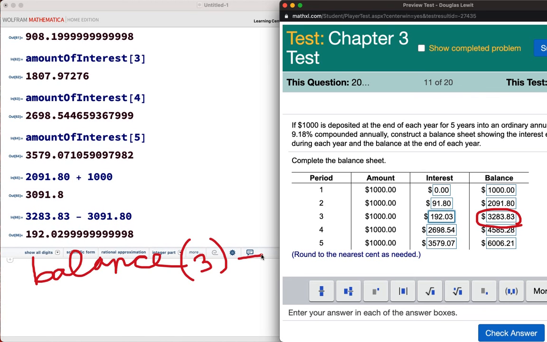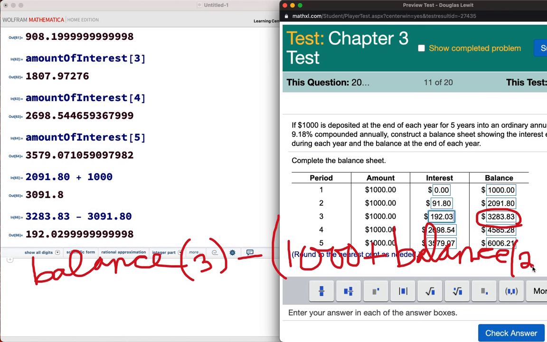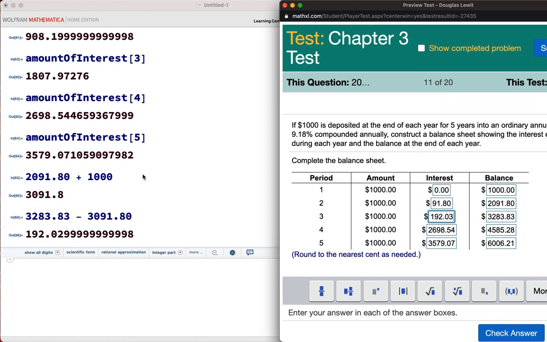I subtracted 1,000 plus balance 2. Let me close my parentheses. So balance of 3 is actually what I have right over here. This is balance 3 minus, this is 1,000 plus balance 2. Let's see if that works.